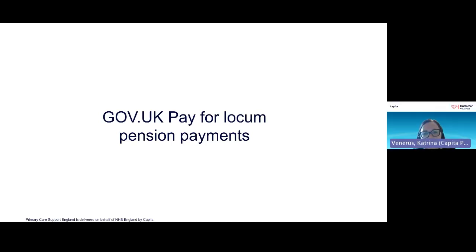What we're looking to do here is a live demonstration from our test environment. The objective of tonight is to give you an early view of the functionality that you'll be able to use from next week to make your locum pension payments when you use PCSE Online to submit your locum A and B forms.